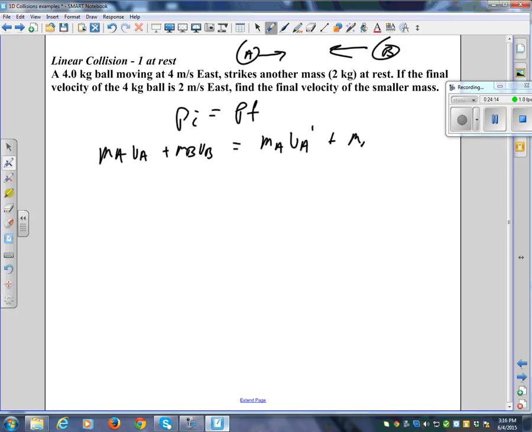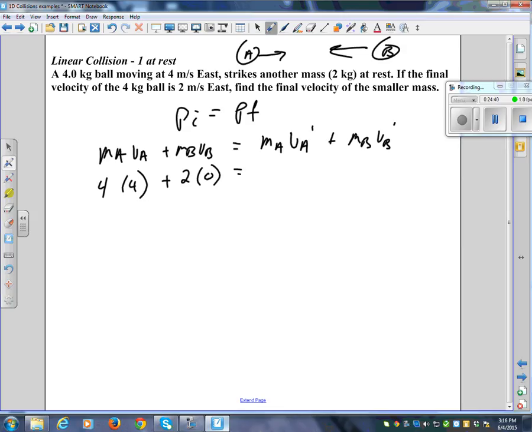In fact, this line is almost exactly the same every time if you call them A and B. It's really just a matter of plugging in the numbers that work for it. A 4 kilogram ball moving at 4 meters per second east. East is positive, so that's 4 times 4. Mass of B is 2, but it's at rest, so it's 0.